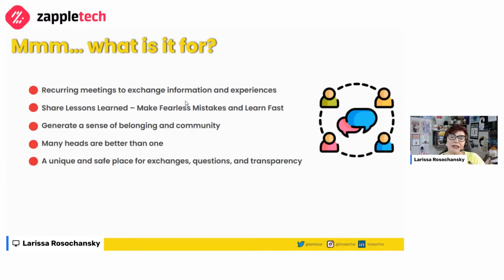We started to share ideas and work on problems that one team had, and everyone was thinking together. We had a unique and safe place for exchanges, for questions, and transparency. So we created this community, this safe place for everyone to share their experiences.